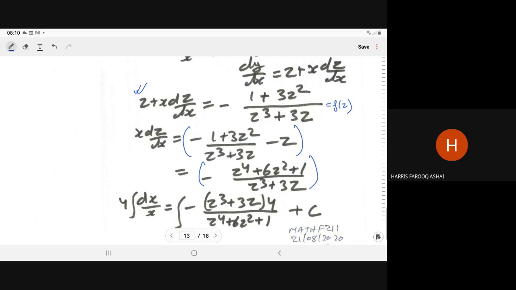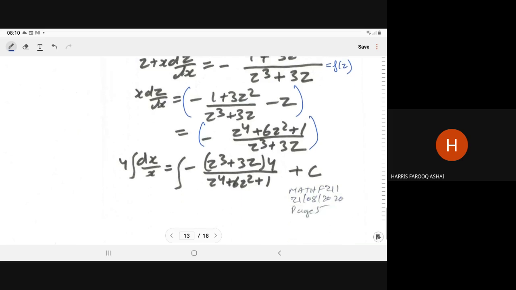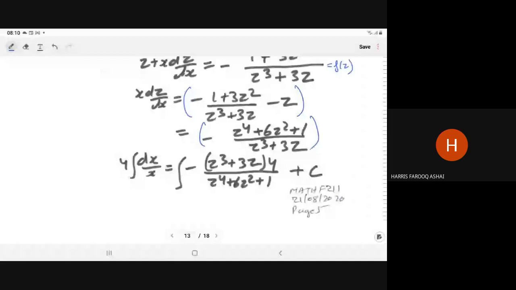So when we separate the variables, it will give you dx by x is equal to minus (z cube plus 3z) upon (z to power 4 plus 6z square plus 1) dz, plus c.